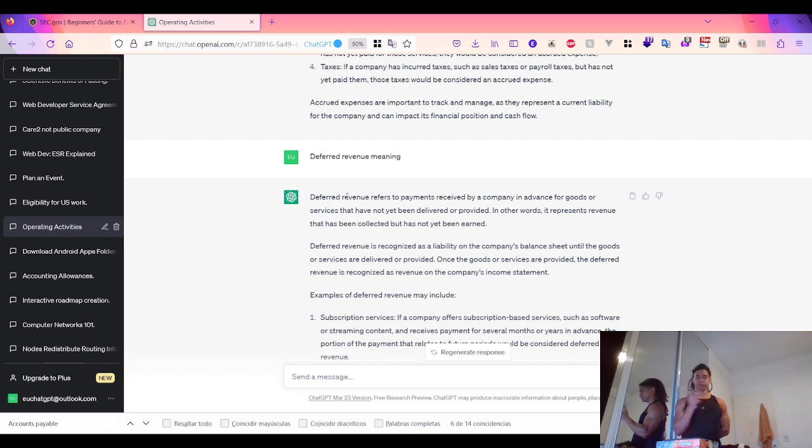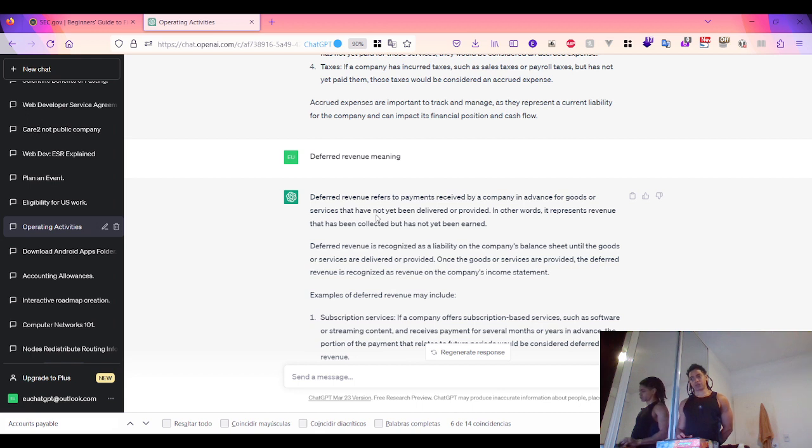Deferred revenue. So deferred revenue is payments received in advance for goods and service that has not been delivered or provided.